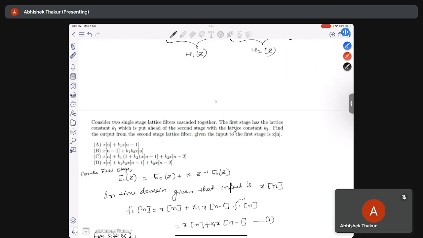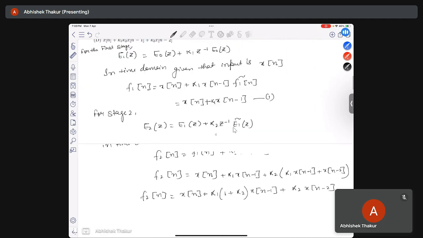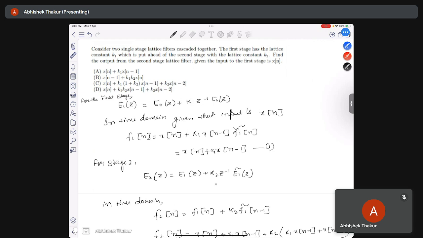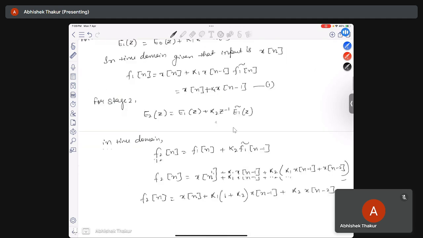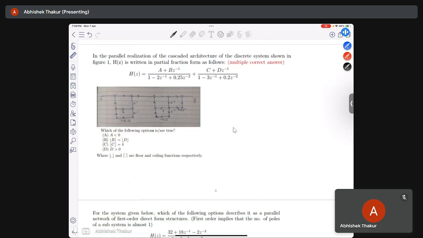So the final answer is x[n] + K1(1 + K2) x[n-1] + K2 x[n-2]. Option C is the correct answer for this question. So now we'll move on to question number 3.